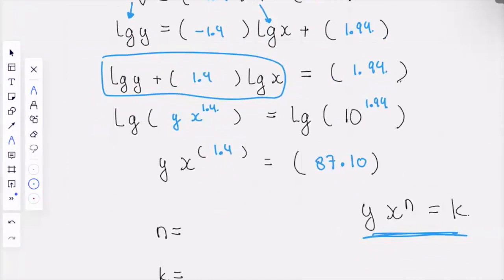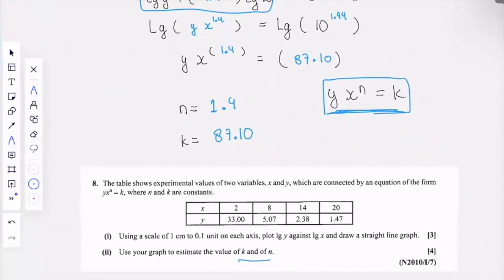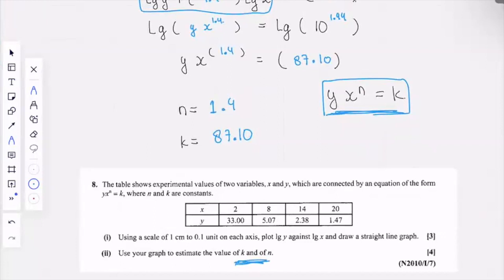Okay. That means if we compare with the equation from the question, n will be 1.4 and k is 87.10.